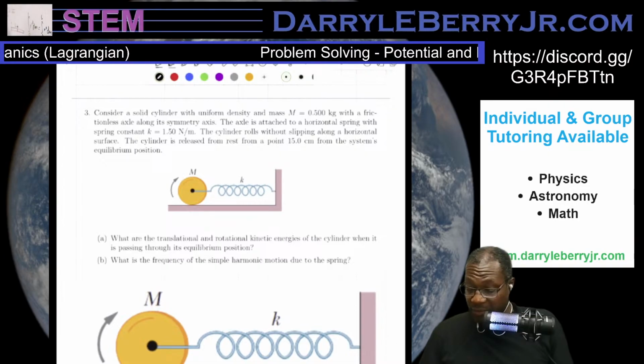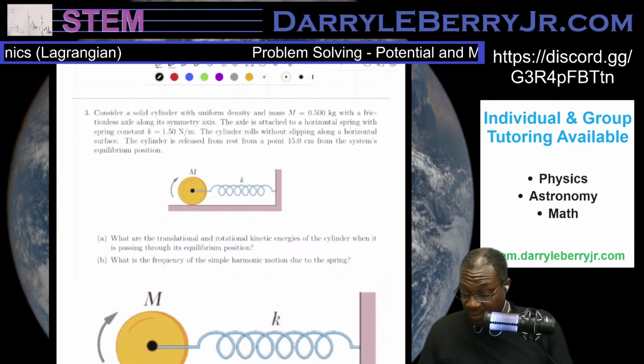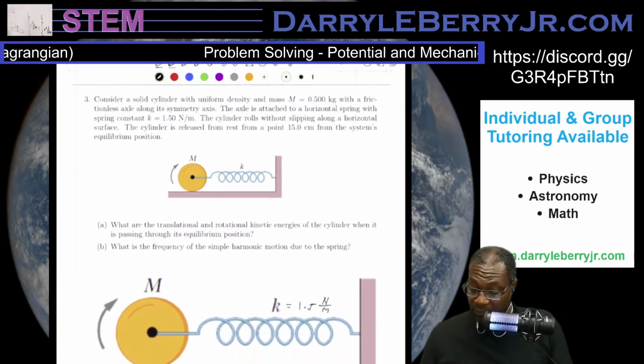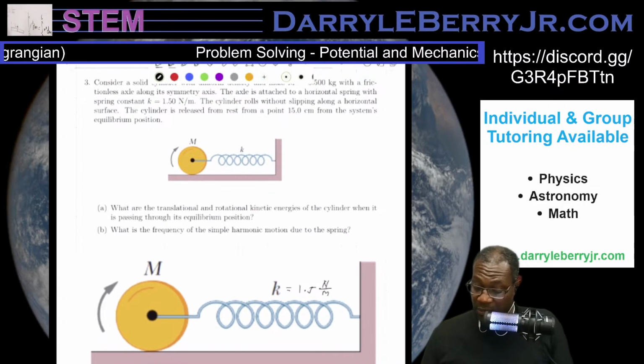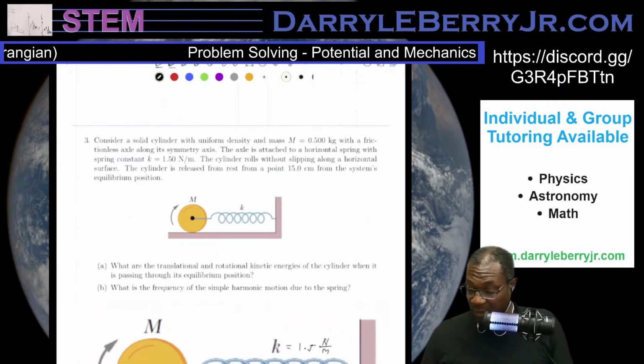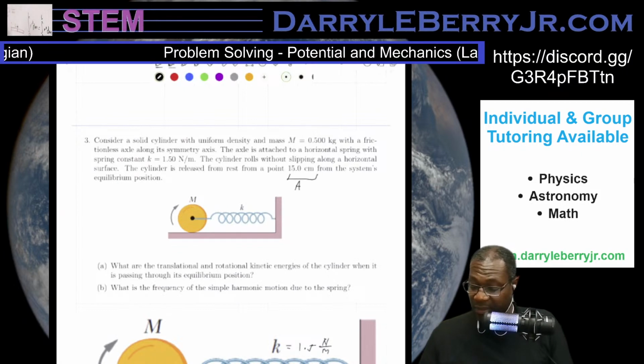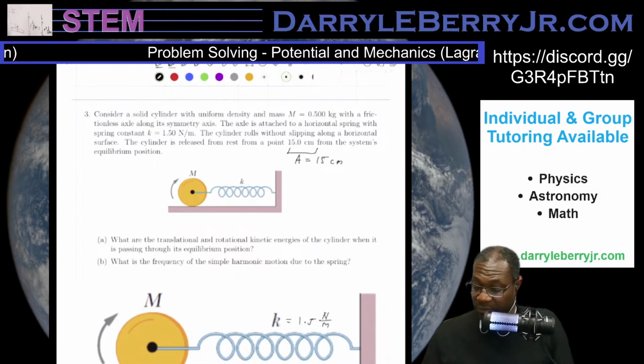The axle is attached to a horizontal spring with a spring constant K equals 1.5 meters. Was released from rest at 15 centimeters from the equilibrium position. So A equals 15 centimeters. A is the amplitude.